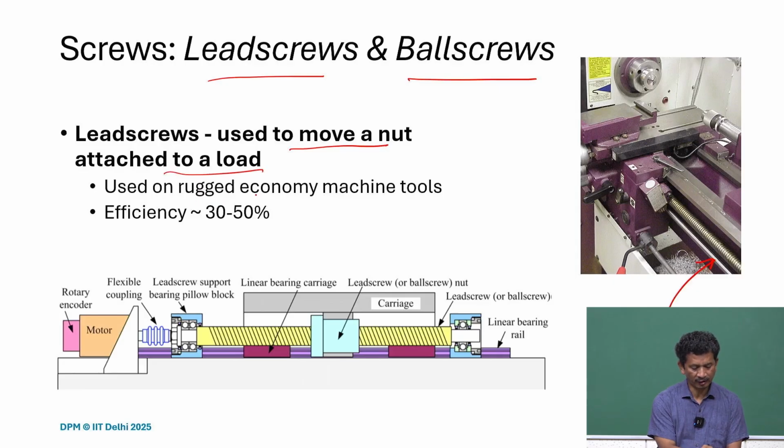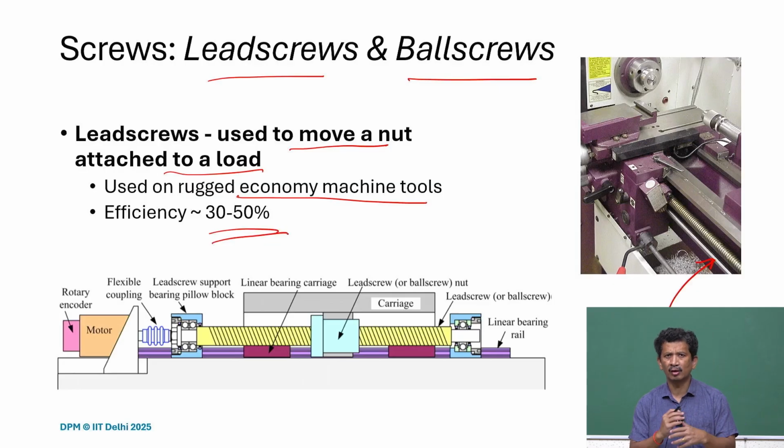It's very rugged, and that's why it's used in many machine tools. But what we observe is that there is a sliding motion, so a lot of friction, and the efficiency is of course relatively low, 30 to 50% depending on what kind of thread we are using.